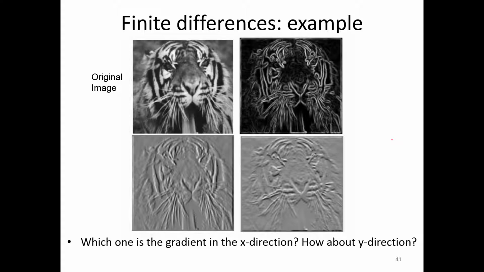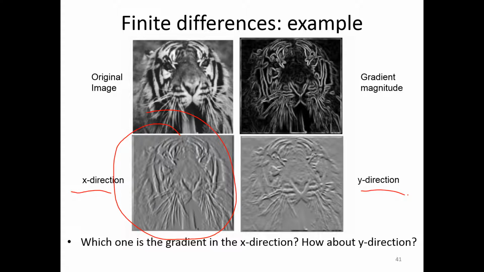So this is an example. Again, which one is the horizontal filter, and which one is the vertical filter? Can you spot that? Is the one on the left computing the horizontal gradient or the vertical gradient? Yes, that one should be horizontal, that's the x direction.